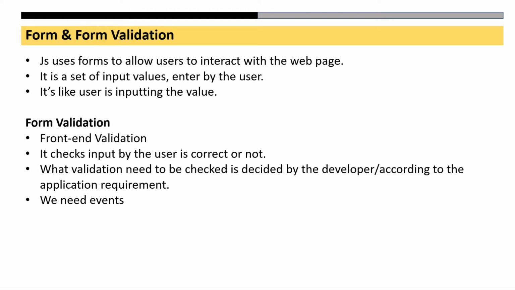There I'm entering my ID, my password, my contact details, my address, and then I'm signing up in that application. And when I'm logging in, again, I'm adding some data in the input fields. So the data that the user is inputting is through the forms. It is like a set of input values entered by the user.